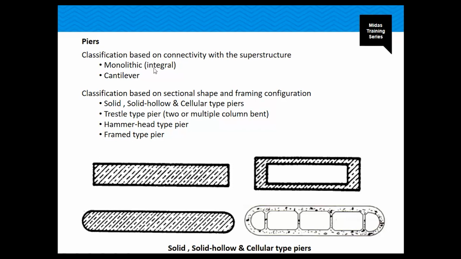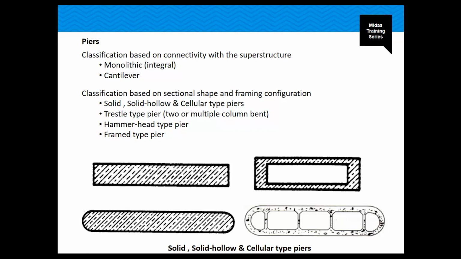Monolithic is when they're not supported by bearings, and when they have bearings it is a cantilever one. Regarding their sectional shape, we have the solid, hollow, and cellular types. We have the trestle type, hammerhead, and the frame type of pier.